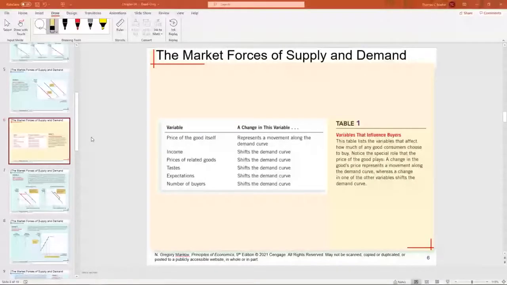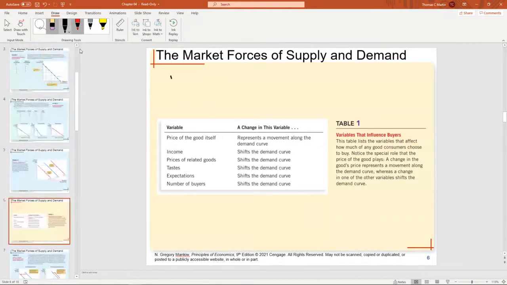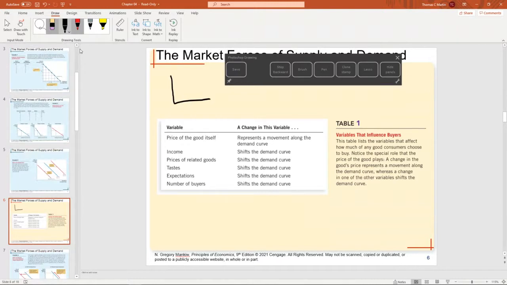If we're looking at the number of buyers, let's say that on a skate park, in that skate park, the community expects the population to expand by, let's say, 50% in 10 years.